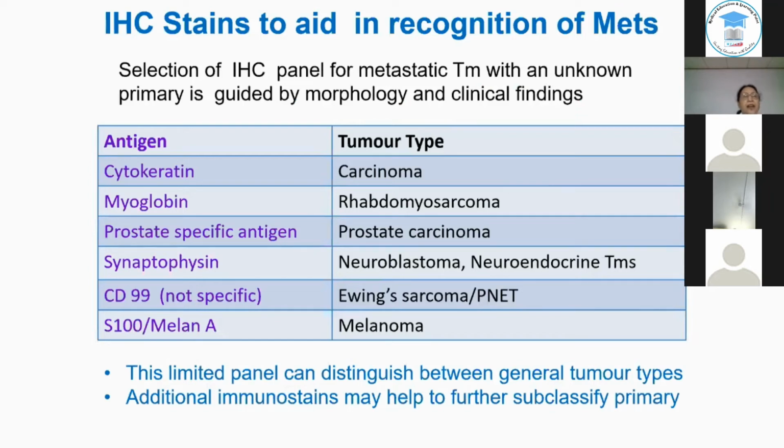This panel includes cytokeratin for carcinoma, myoglobin for rhabdomyosarcoma, PSA for prostatic carcinoma, synaptophysin for neuroblastoma and neuroendocrine tumors. CD99, though it is not specific, may indicate Ewing's sarcoma or PNET, and S100 and Melan-A may help in melanoma. The additional immunostains may be helpful for further sub-classifying the primary tumor.